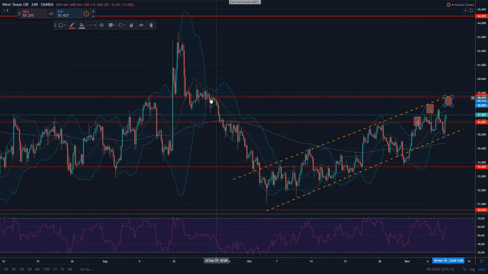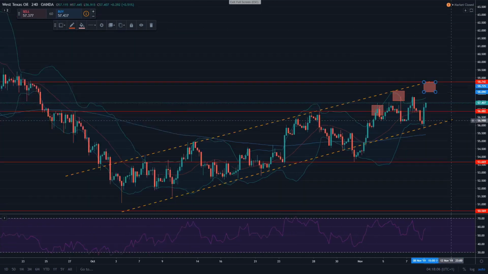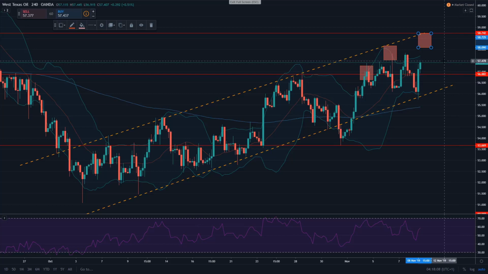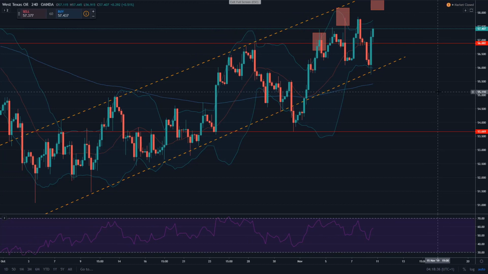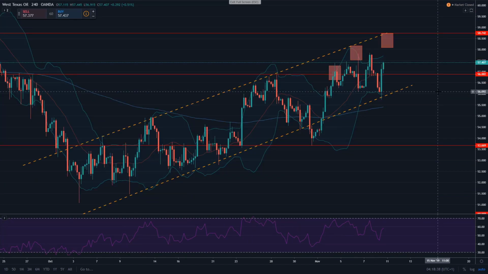I have like a resistance here, something really similar to that, and I would like to short the price here, and expect the price to go to something really close to this to just buy again. But I'm not really sure about this scenario, but I would really like to get some good results.